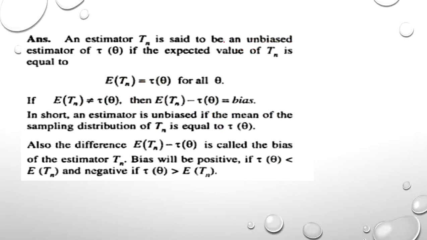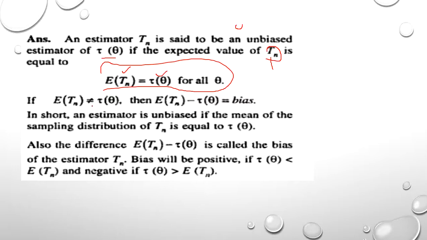This is unbiasedness. An estimator Tn is said to be an unbiased estimator of tau of theta if the expected value of Tn, meaning a function of sample values, is equal to tau of theta. This is the expression of an unbiased estimator. The expected value of a sample statistic, from any sample drawn, equals the population parameter. It is called unbiasedness.